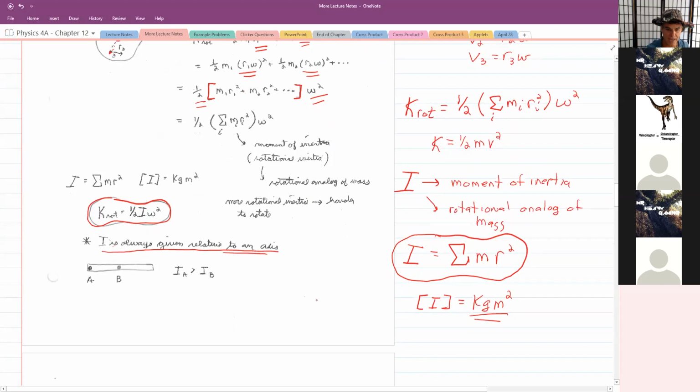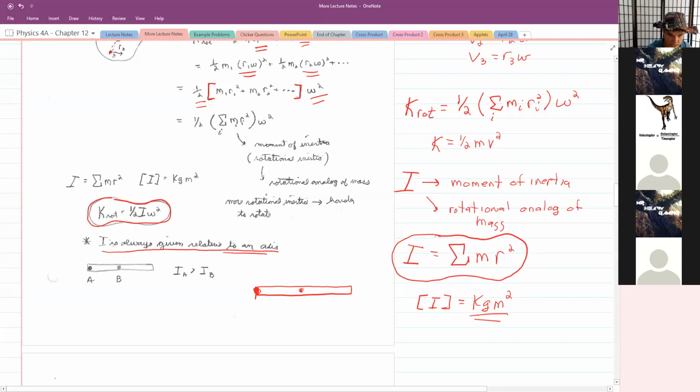So for example, if I had a rod, I could rotate the rod about an axis passing through one end, or I could rotate the rod about an axis passing through the center. They will not be the same in terms of how hard they are to rotate. The more mass you have farther from the axis of rotation, the harder it's going to be to rotate.